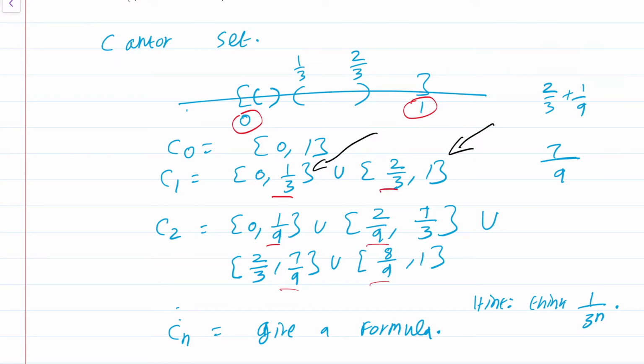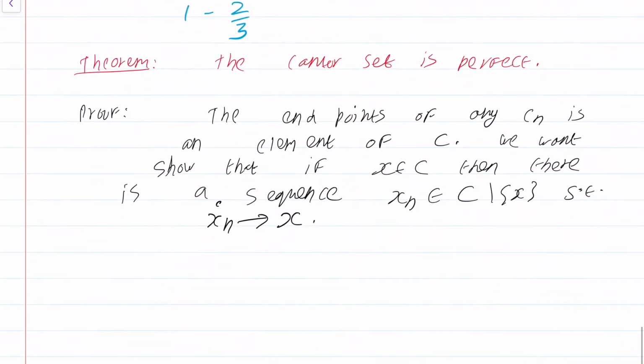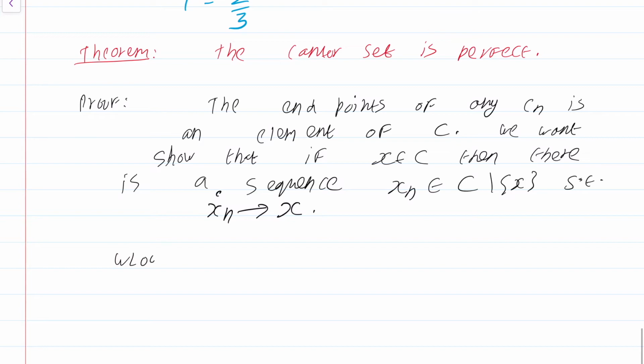It's either 0 or it's 1/3 or it's somewhere in between. Those are the three possibilities. Okay. So without loss of generality, assume that x is an element of [0, 1/3].